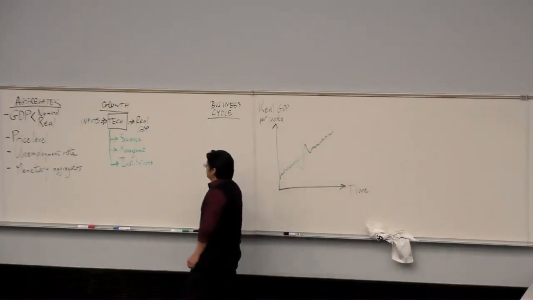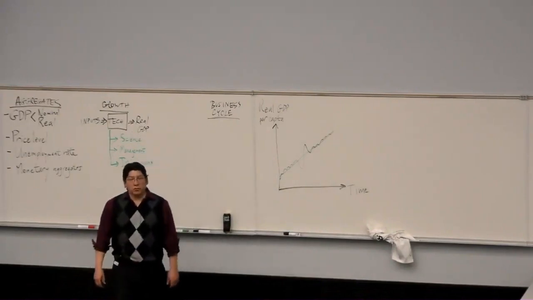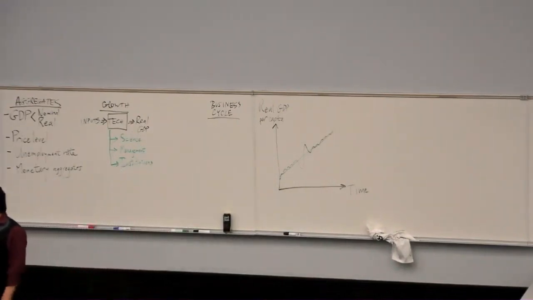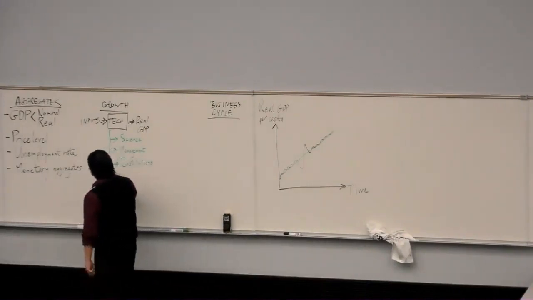The second thing we did with this sketch, in the context of economic growth, was to think about this idea that has been there since the beginning when you took micro, which was the idea of decreasing marginal returns.